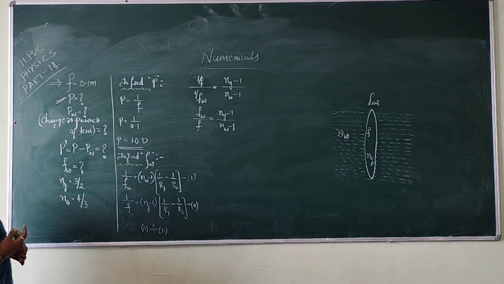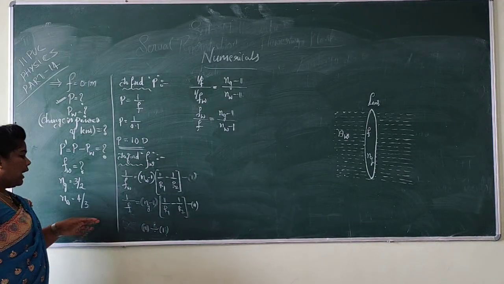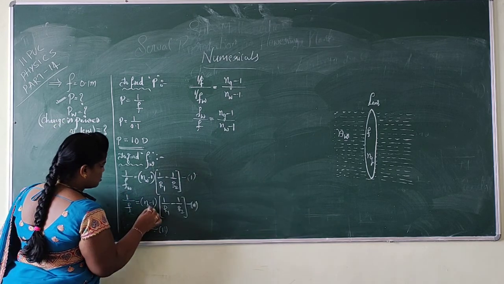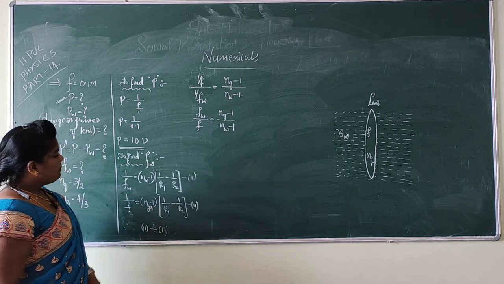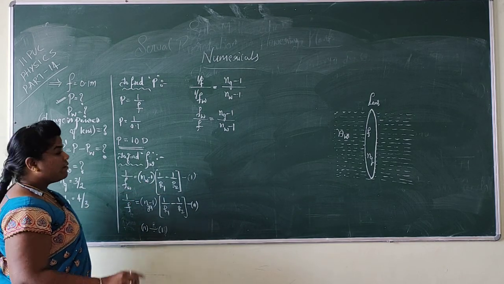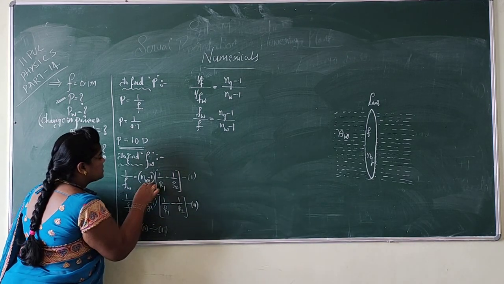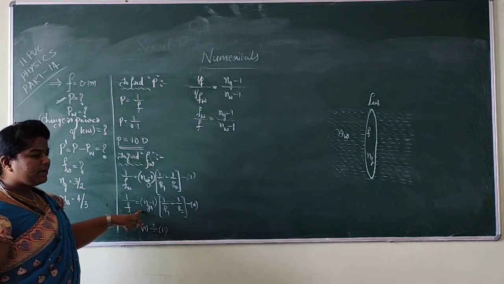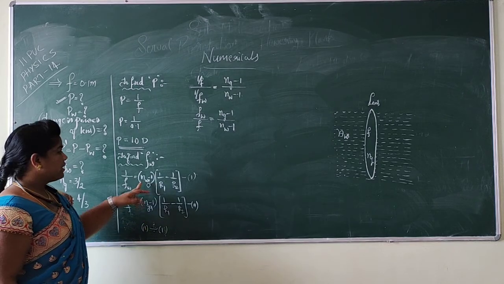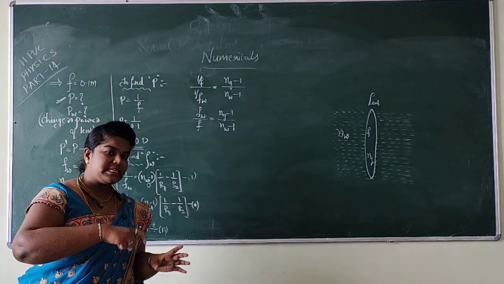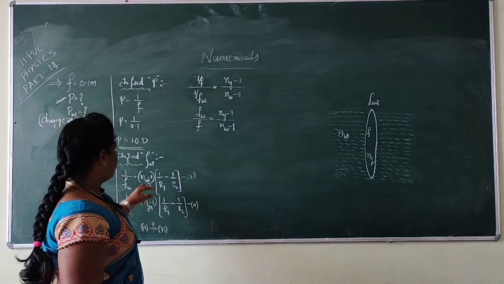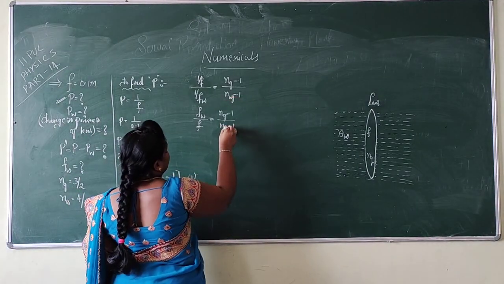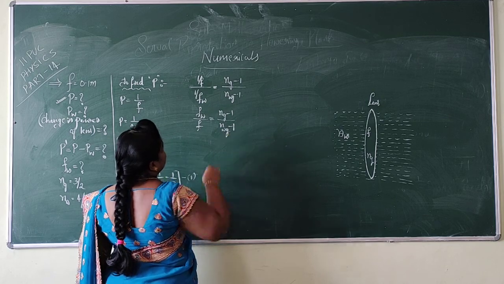You have to be very careful in one case. This focal length formula is written this way when the lens is in air medium, so ng with respect to air. But here in this case, we just placed a lens inside the water. So when the lens is in air medium, no problem, we write ng. But here we just placed the lens in water, so we have two refractive indices, nwg.